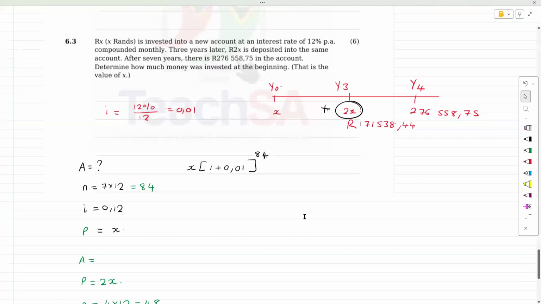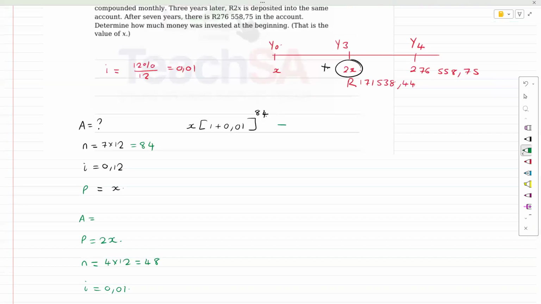So now, guys, when I take this first payment plus the second payment, this equals the final answer there. All right? And now we have to solve it with algebra.